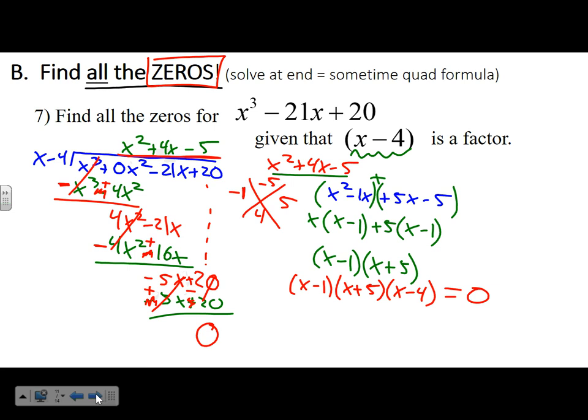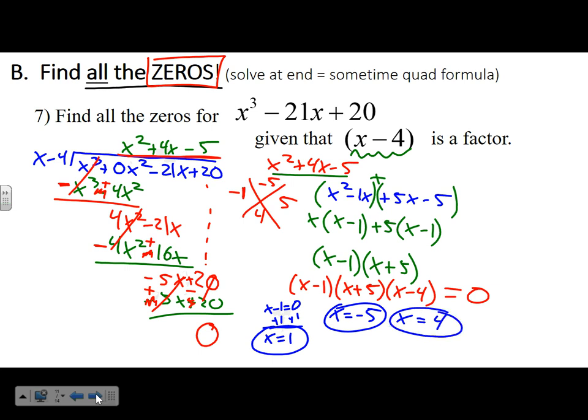So the first one, positive 1, again, if you don't remember, you can set it equal and solve. So positive 1, we have negative 5 would make the second one 0, and we have positive 4, whoops, which would make that one 0.